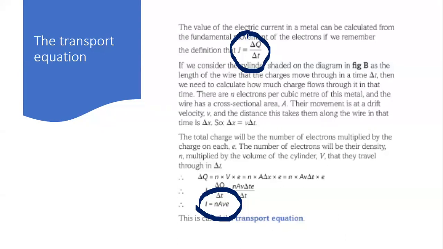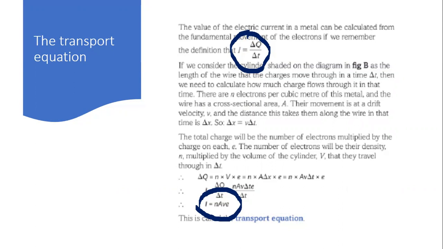Now, if you remember, I told you that we have N. What is N? N is the number of electrons per cubic meter or per meter cube, right? So in 1 meter cube, we have N number of electrons. And we can calculate the cross-sectional area of the wire.